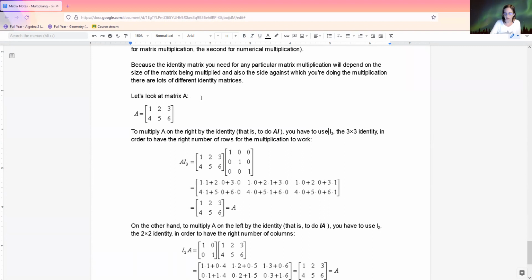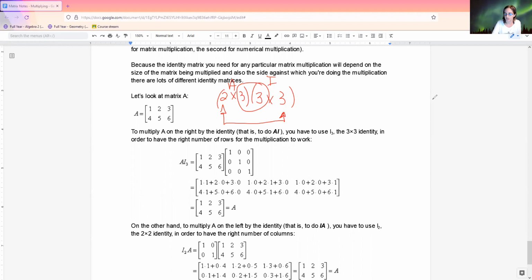Why would you have to use the 3 by 3 identity matrix? Well, that's easy, because A is a 2 by 3, and you want an identity with a matching piece right here. If it's a 3 here, it has to be a 3 by 3. Therefore, my answer is going to be a 2 by 3 answer.